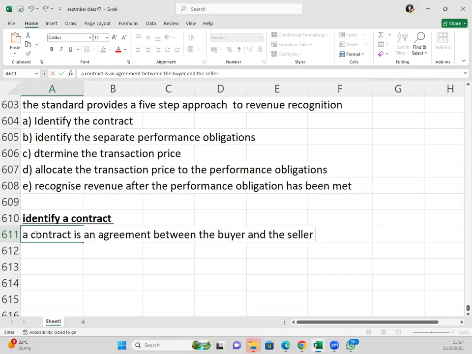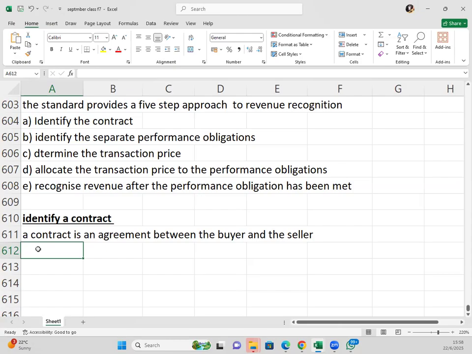So identify a contract. A contract is an agreement between the buyer and the seller. And the contract must be enforceable. For you to say you have entered into a sale, there must be an enforceable contract.